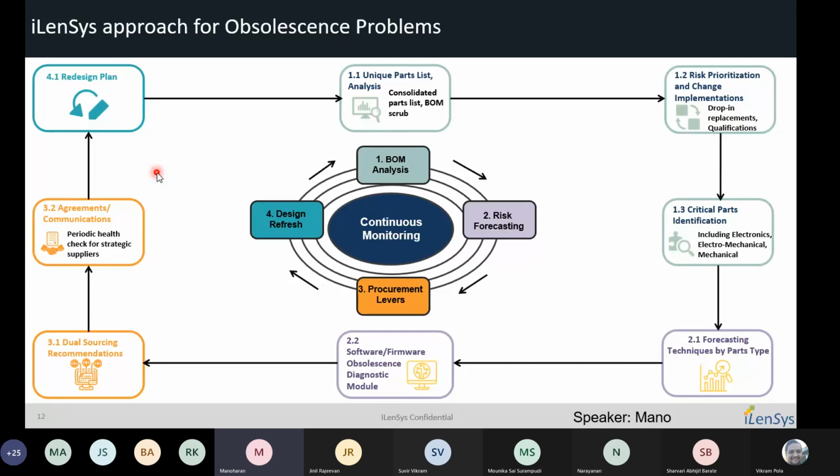We have done quite a few projects for our customers with redesign as one of the resolution methods for addressing obsolescence. So this is our overall approach when it comes to managing obsolescence. We can move on to the next slide.